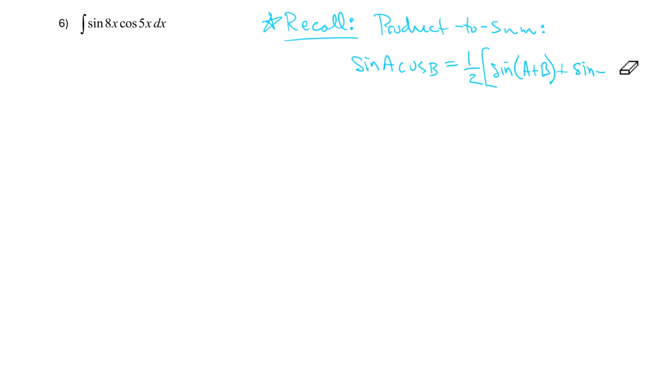All right, so let me make sure this is readable enough. We have sine of capital A times cosine B. I'm just going to call it A and B. There's no other lowercase floating around in this problem, so we'll just use simple A and B. Sine of A times cosine of B by this product to sum identity is as follows. 1/2 times the quantity, now in brackets, sine of A plus B plus sine of A minus B. And those A plus B and A minus B are in parentheses, and then close the brackets.